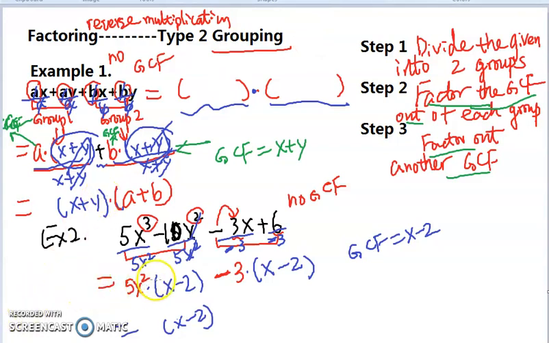If you divide by x minus 2 here, this will be cancelled. If you divide by x minus 2, the whole thing will be gone. And we're going to be left with just 5x squared minus 3. Okay, so that's the final answer. So this 5x squared right here, down here, and minus 3 down there.